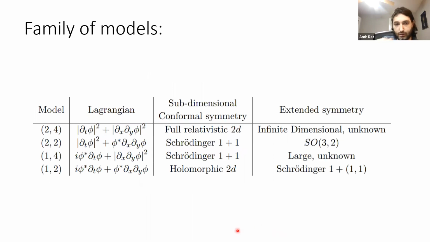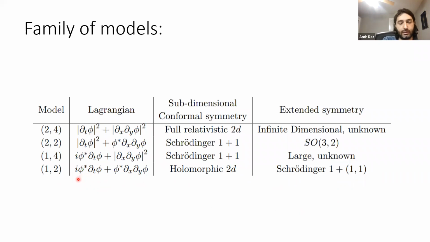And if we look at all of them, a similar thing happens in this 1-2 theory, where again we have this weird sign in the Schrodinger algebra. This is the same idea: if you move to light cone coordinates here, you get this weird sign. But here the Hamiltonian in the original coordinates is fine.